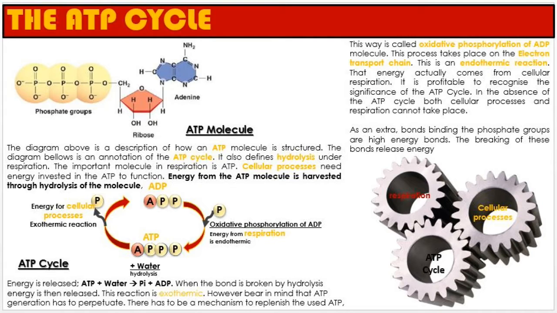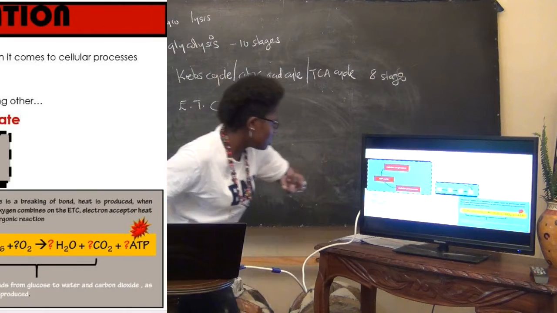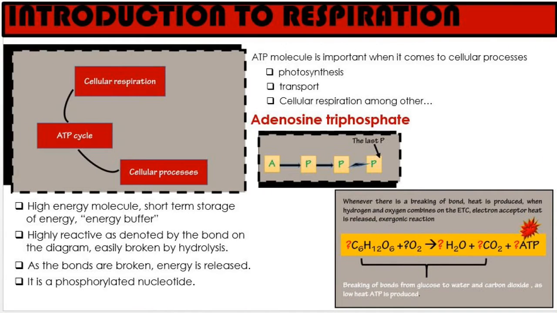And then from what we have learned and appreciated, we know that ATP is a highly reactive molecule, as denoted by the bond, which is a squiggly line, which is right there. It can easily be broken by hydrolysis, that is the addition of water.